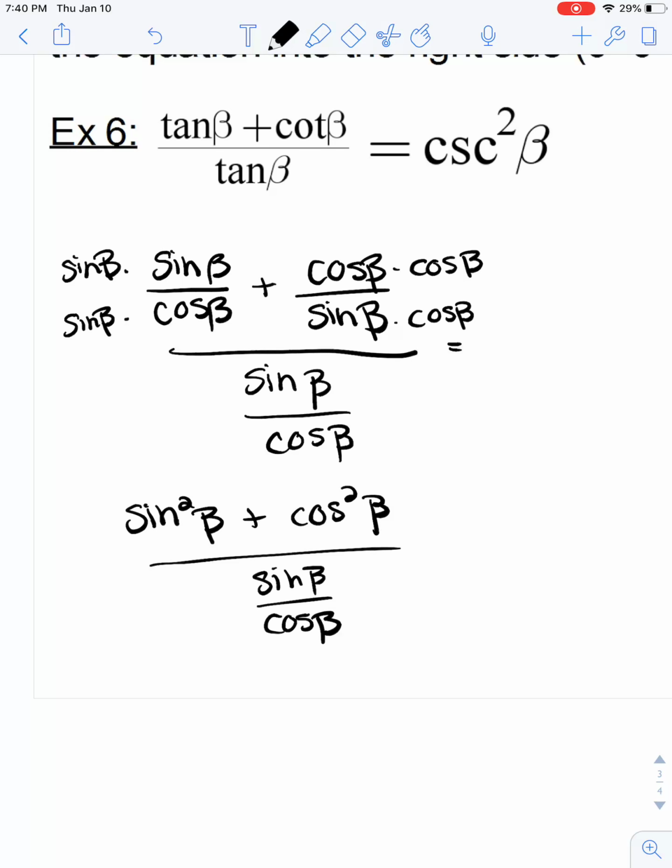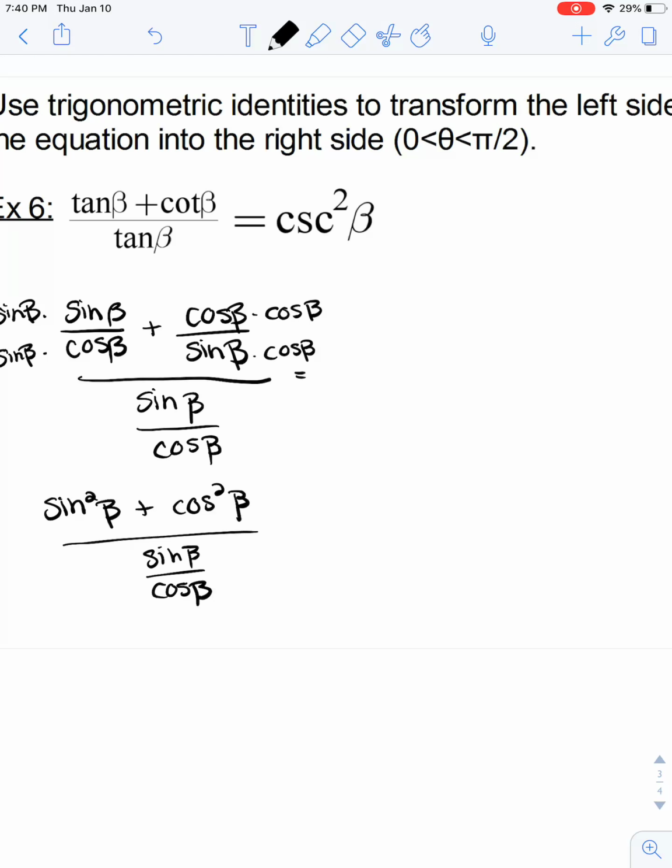Well, hopefully you're looking at your identities and saying the numerator would just become 1.